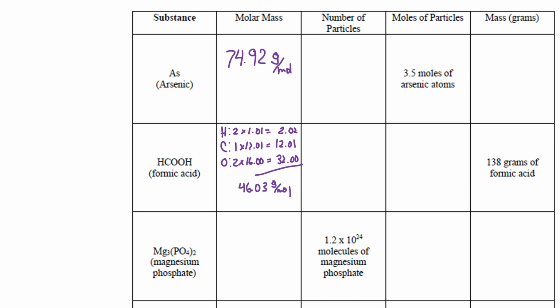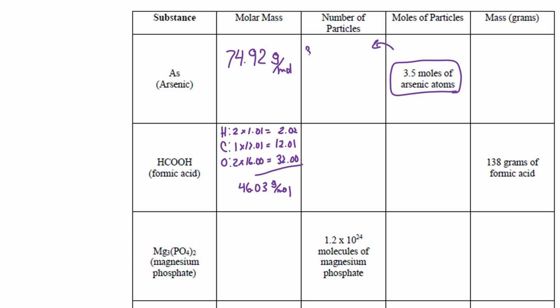Now, what we need to figure out is how do we solve for moles? How do we solve for mass based off of what we're given? So in this one, I'm given 3.5 moles. If I'm given 3.5 moles, how would I find out how many particles or atoms of arsenic I have?